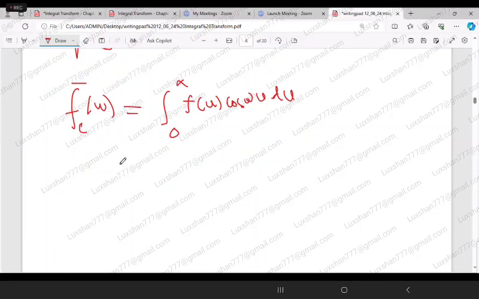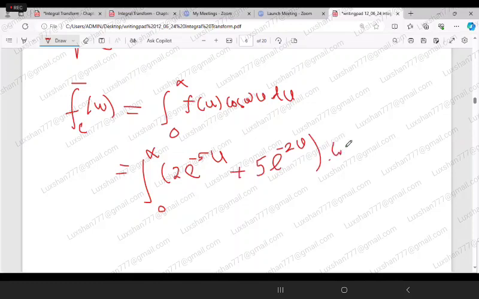So that is equal to 0 to infinity. Our function is 2 times e to the power minus 5u plus 5 times e to the power minus 2u, times cos omega u.